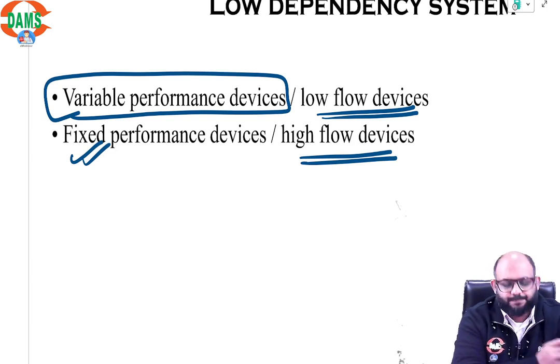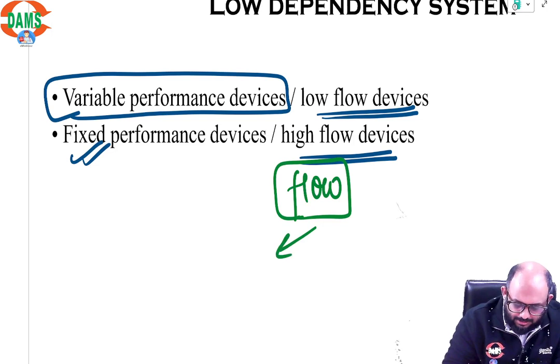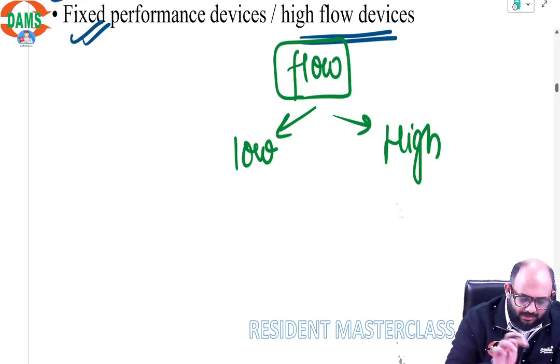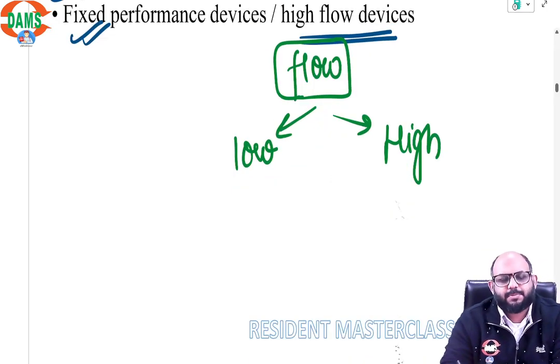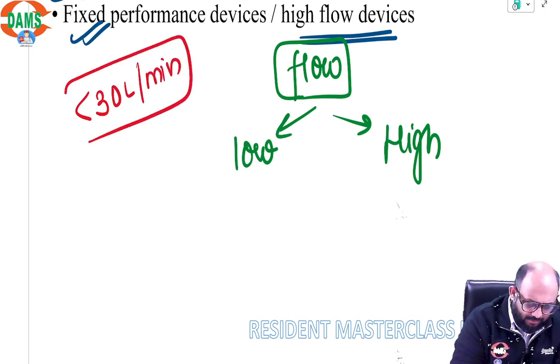What they stated was very simple. If you divide the oxygen delivery devices based on flow, then they are low flow and high flow devices. Now, in normal quiet respiration, there is usually a maximum flow rate of less than 30 liters per minute. This is your normal flow rate.